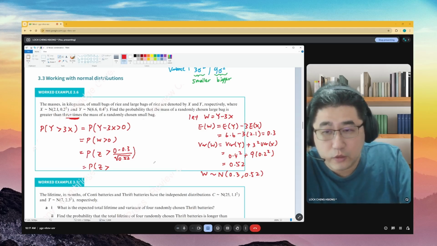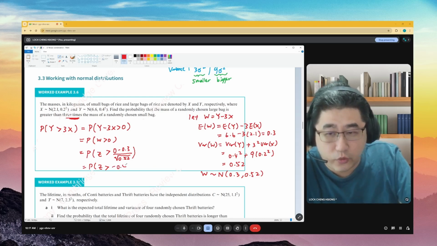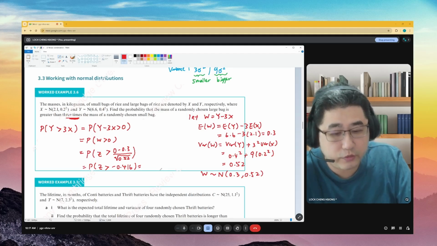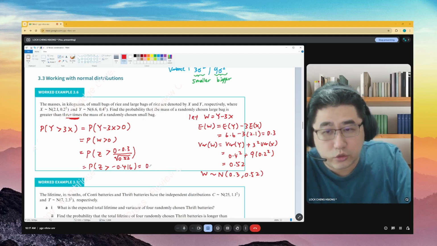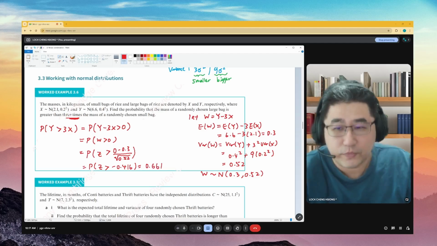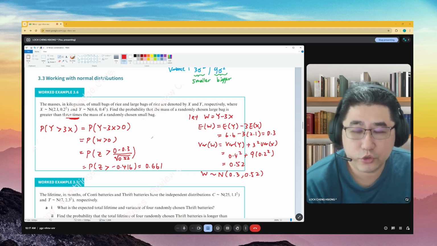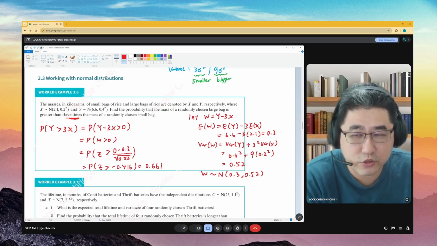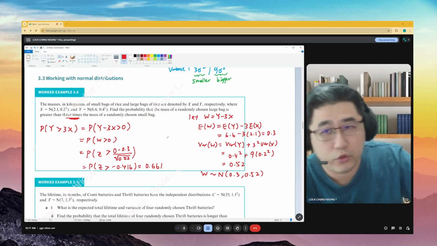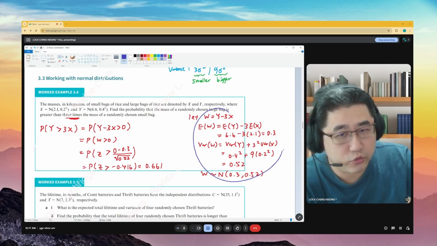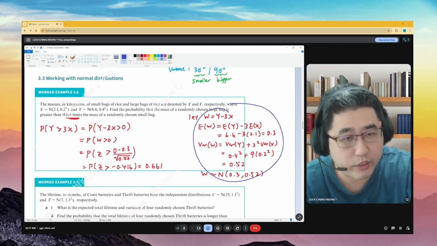So you have negative 0.416, and you need to read from your MF19. You will have 0.661 as your answer. So this is how your exam question is going to look. In order to answer this question, you need to apply linear combination formulas.